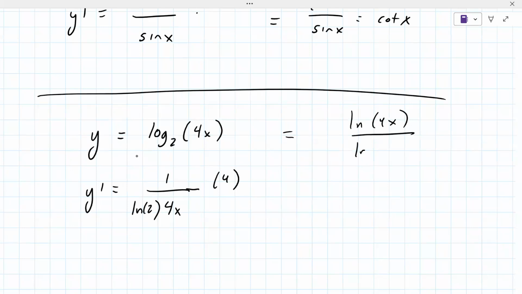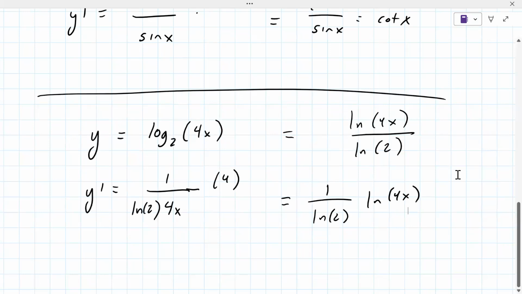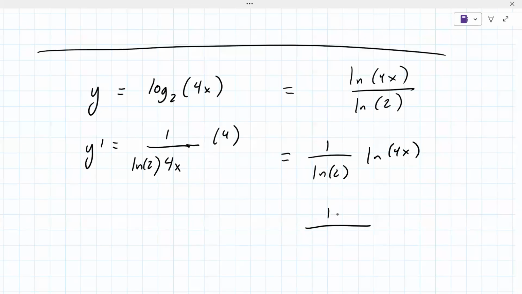I'll just make one more point. This is not the way it's typically taught, so just keep that in mind. But now you have to see 1 over natural log of 2 as a coefficient, a constant. So it's still the same result.